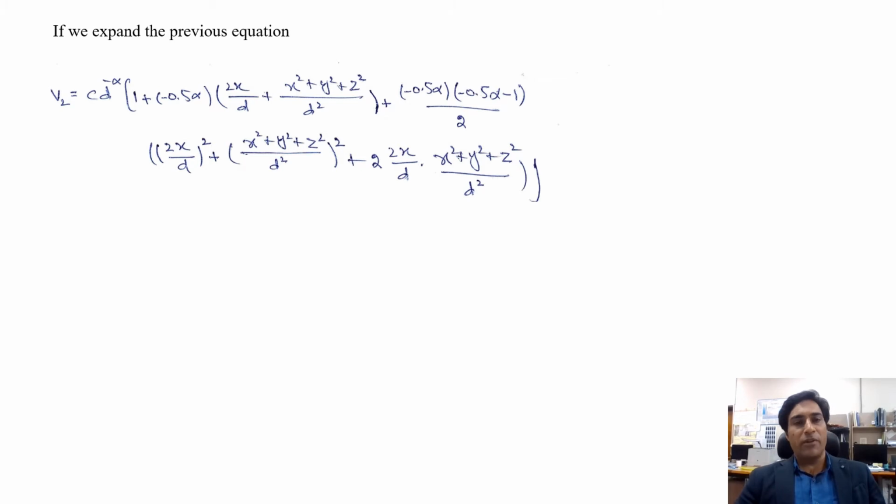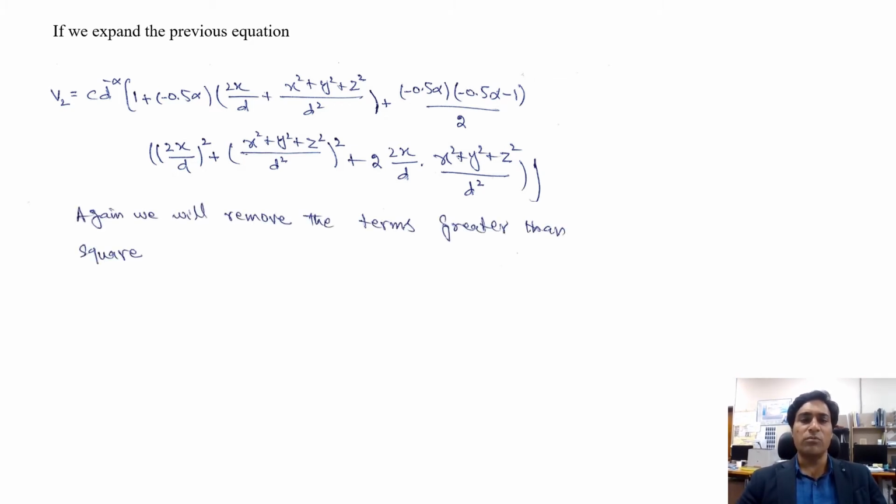If we expand the previous equation, we will get V2 is equal to c d minus a into 1 plus minus 0.5a into 2x over d plus x square plus y square plus z square over d square, plus minus 0.5a into minus 0.5a minus 1 over 2, and we expanded the square, which is 2x over d whole square plus x square plus y square plus z square over d square the whole square plus 2 into 2x over d into x square plus y square plus z square over d square.